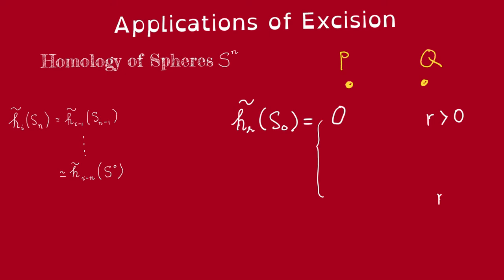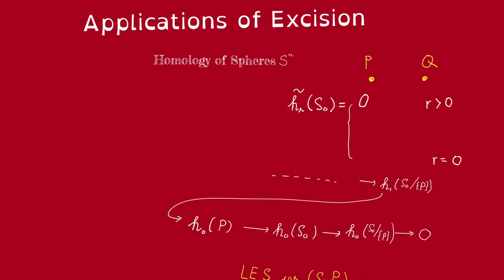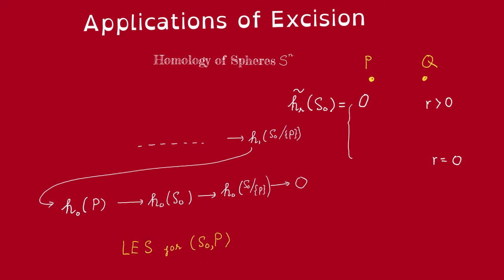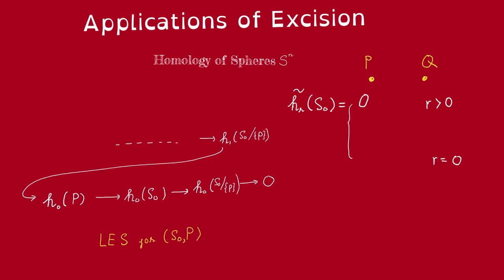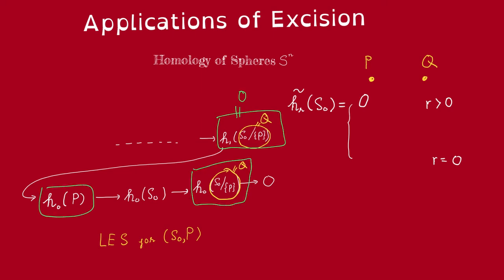It now remains to compute H0 of S0. To do so, let's look at the long exact sequence for the pair S0, P. Observe that the quotient of S0 by P is just Q. So this is just Q. And so we have this term is 0 by the dimension axiom. And then these terms are just gonna be the coefficient group.